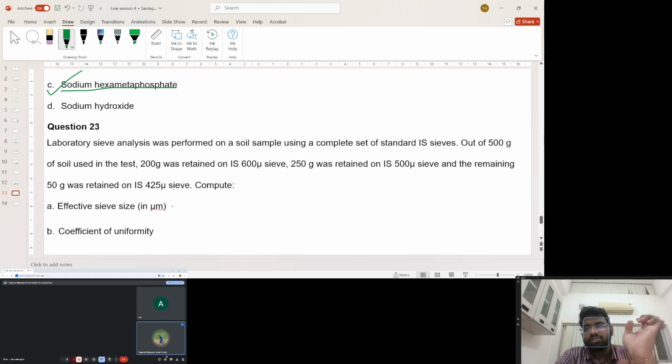Out of 500 grams of soil used in the test, 200 grams was retained on the 600 micron sieve, 250 grams was retained on the IS 500 micron sieve, and the remaining 50 grams was retained on the IS 425 micron sieve. Compute the effective size and coefficient of uniformity.